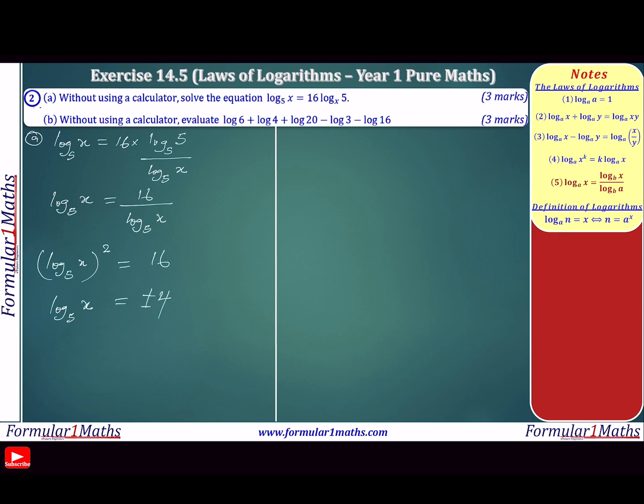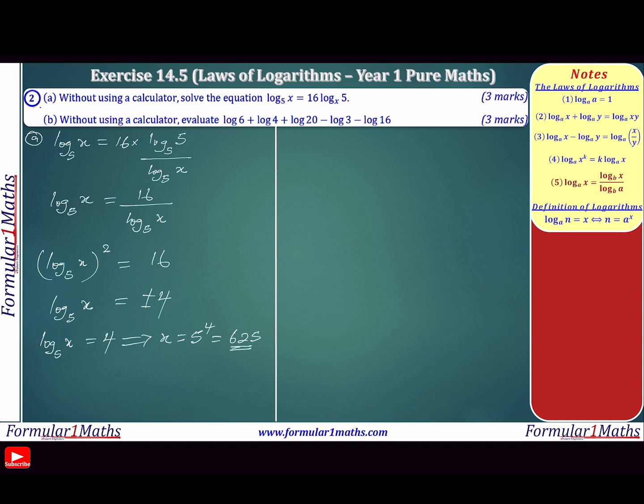So it means either log to base 5 of x is equal to 4, which implies that x is equal to 5 to the power 4, according to the definition of logs. And this is 625. So that's the first answer.